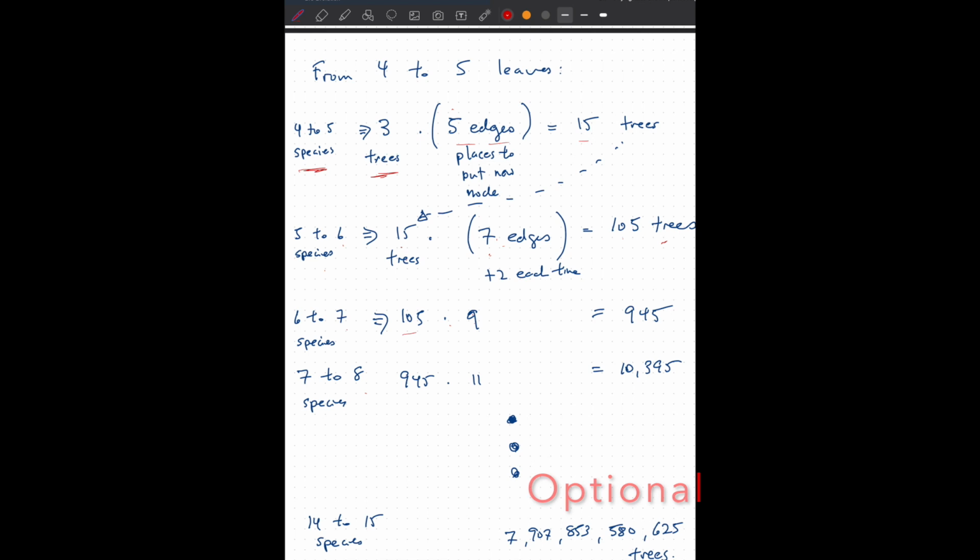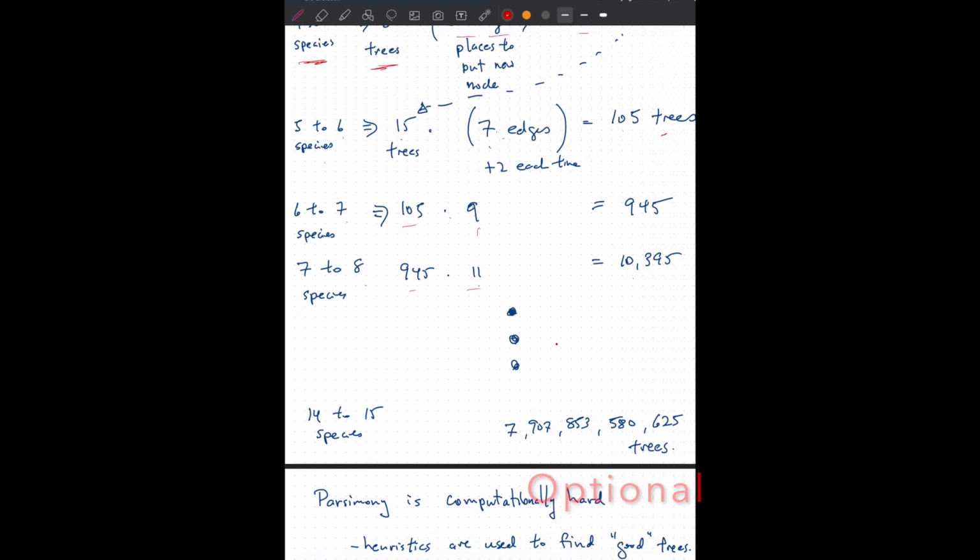Then from 7 to 8, I take that 945. Now I go from n plus 2 is 11, I'm up to 10,000. And by the time I get to just 15 species, I have, what is that, 7,900,000,000,000,000 trees to consider. And that is no longer feasible.